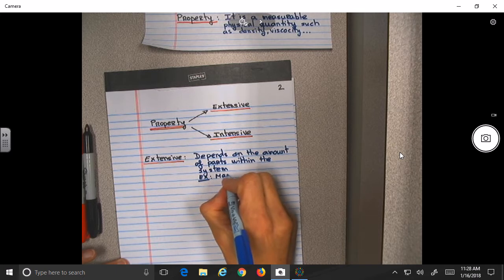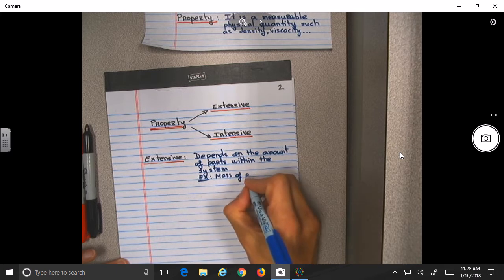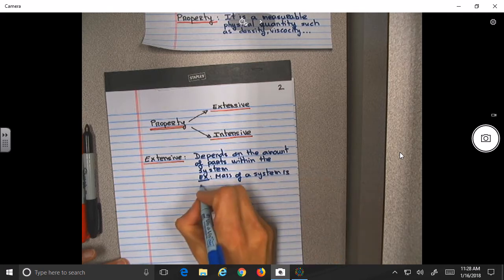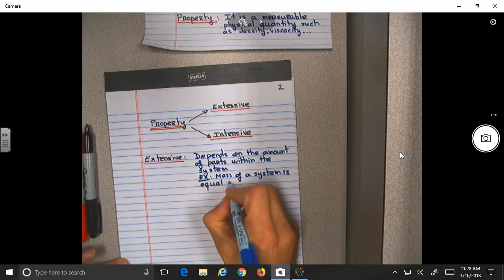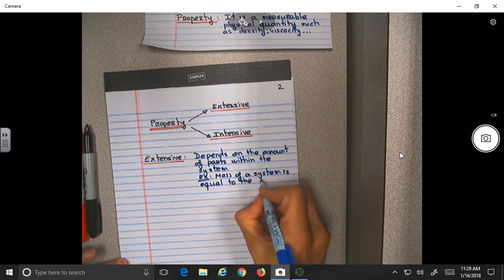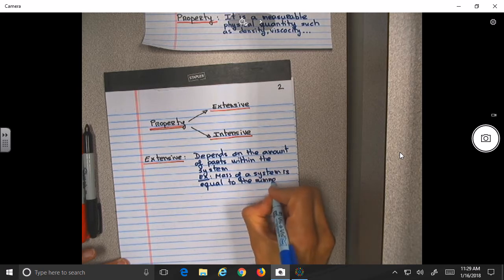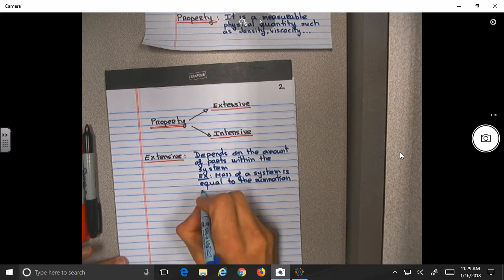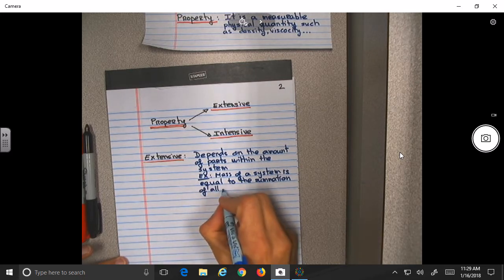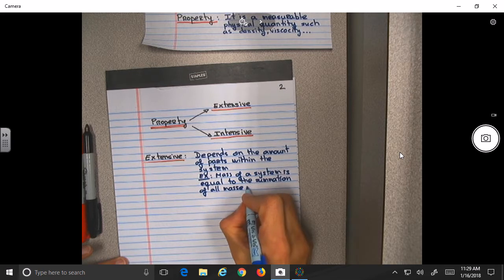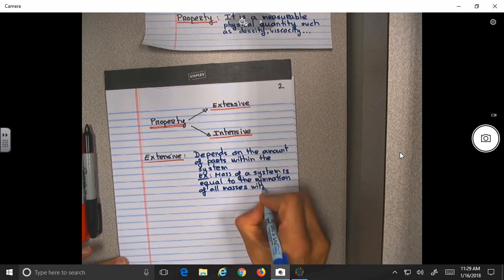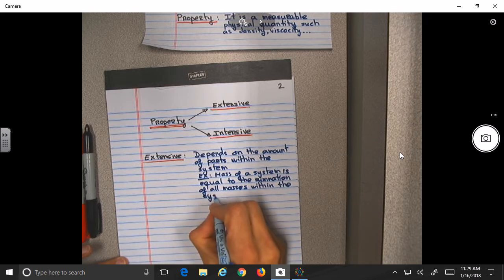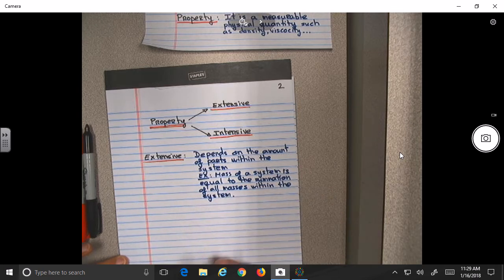Mass. The mass of a system is equal to the summation of all masses within the system.